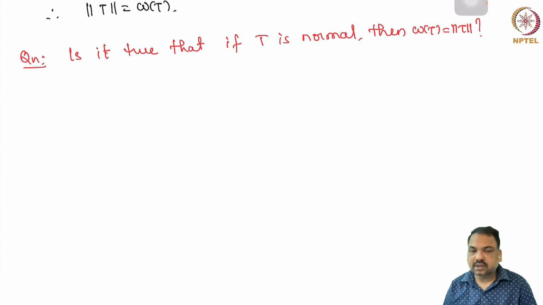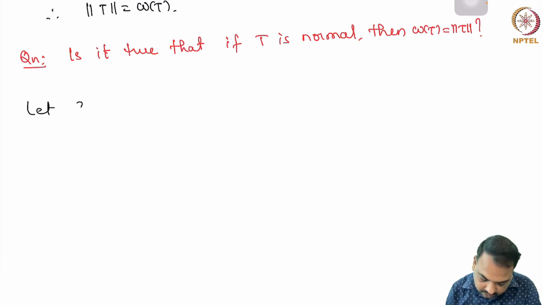Next, we want to look at some relation between self-adjoint operators. Suppose S and T are two self-adjoint operators.